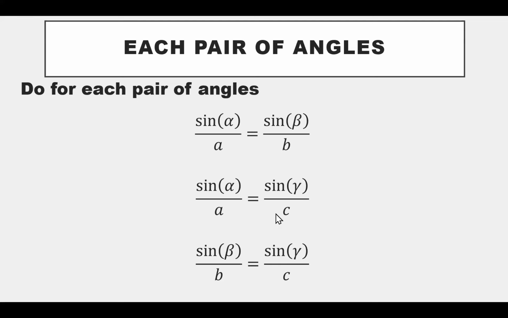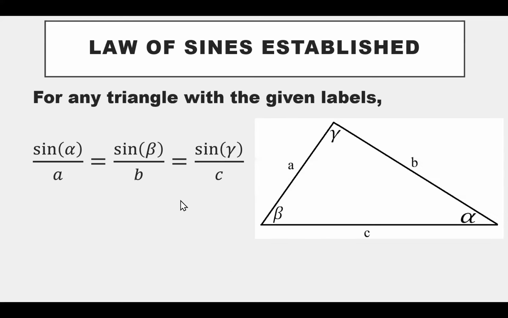And if you drew the altitude perpendicular to side A, then we'd get sine of beta over b is equal to sine gamma over c. So that establishes the law of sines. That's where the law of sines comes from.